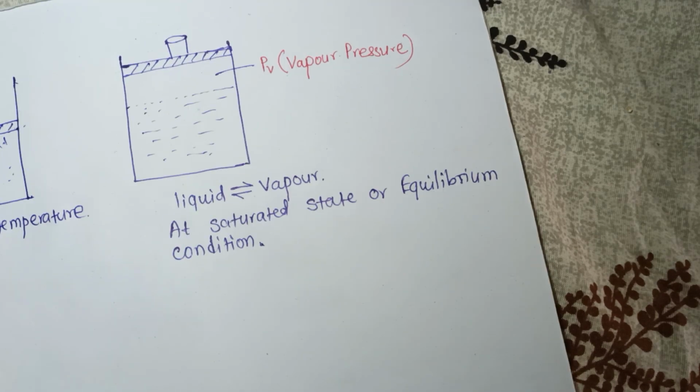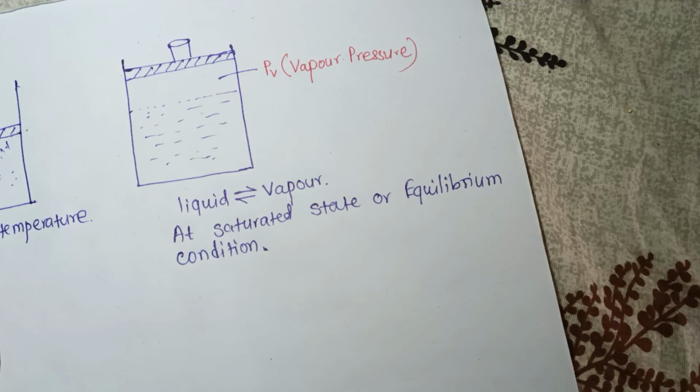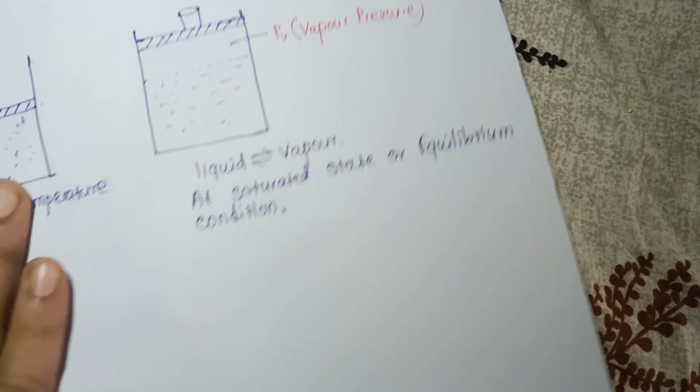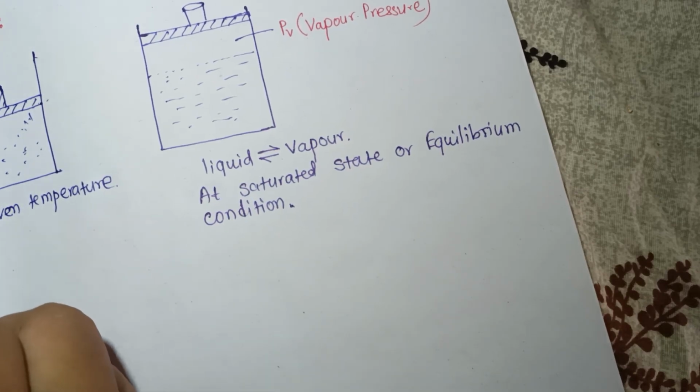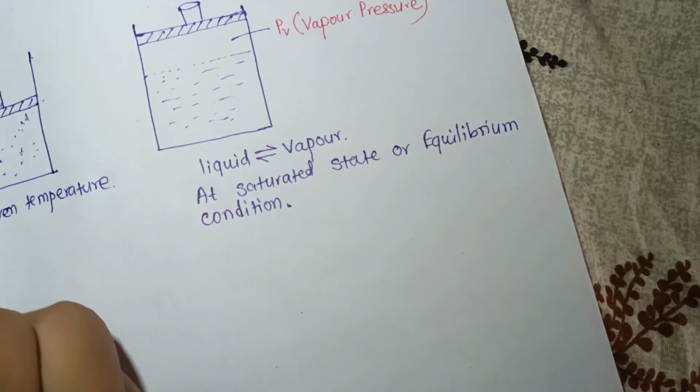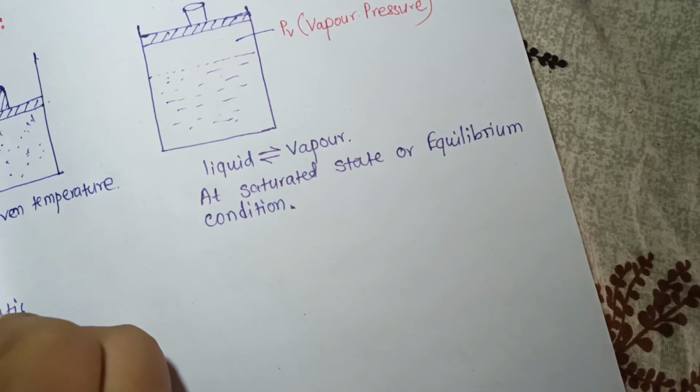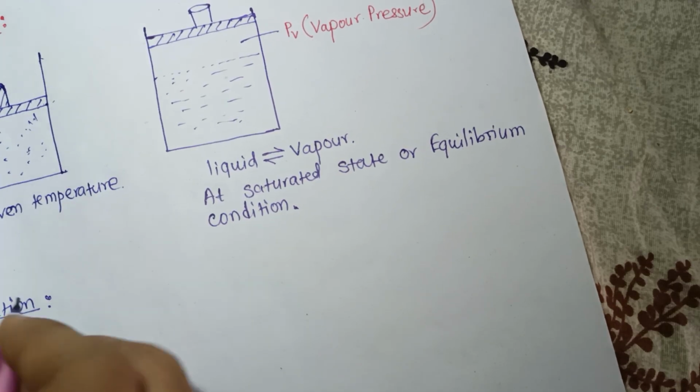So it happens at the suction side of the centrifugal pump, exit of the reaction turbine and siphons. So the application, where is the application?